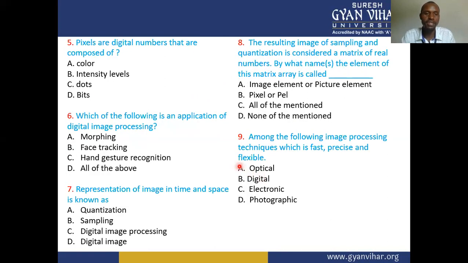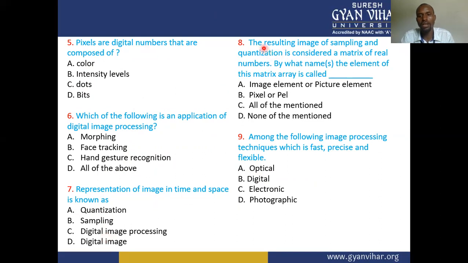Then the next question is, pixels are digital numbers that are composed of what: colors, intensity levels, dots, or bits? That one requires an understanding of what pixels are. And which of the following is an application of digital image processing? Morphing, face tracking, hand gesture recognition, all of the above. You know the answer. Representation of image in time and space, as mentioned, what is it?